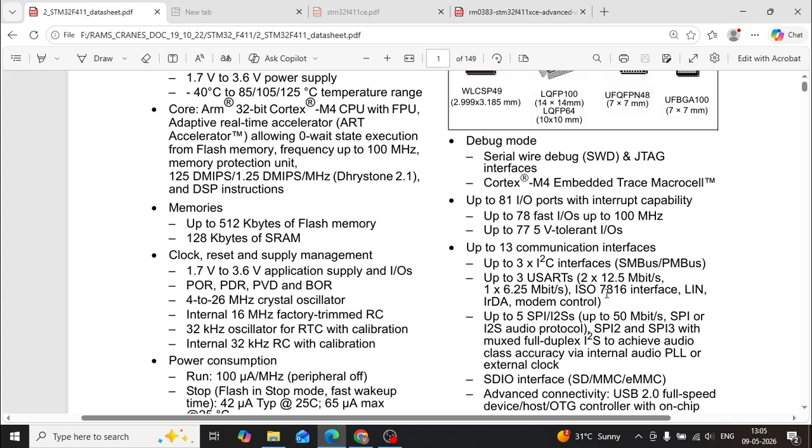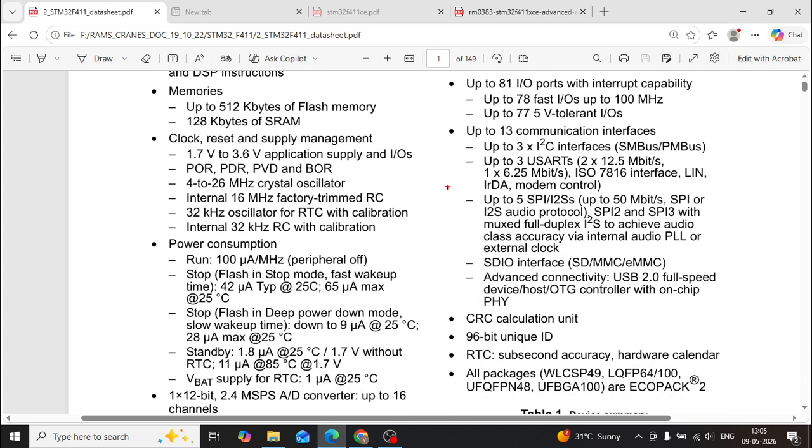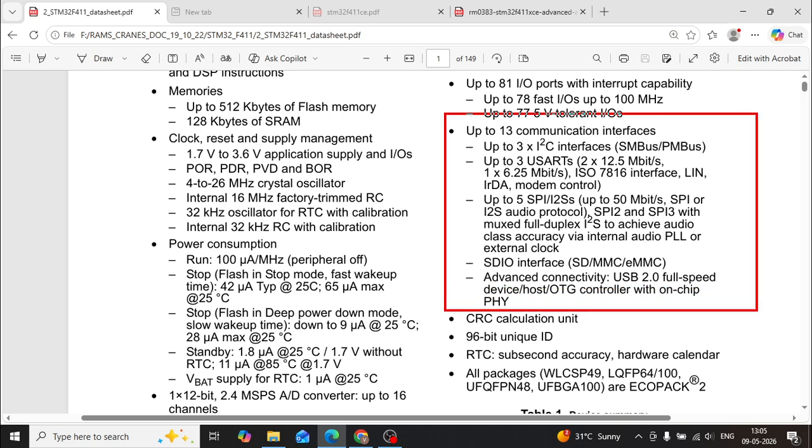Then coming to the communication interfaces. There are 13 different communication interfaces available. The first point is I2C, with 3 I2C interfaces. There are 3 UARTs, and 5 SPI channels. Then we have SDIO, secure digital input output interfacing, and USB.